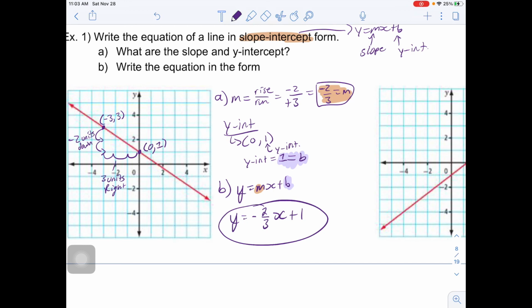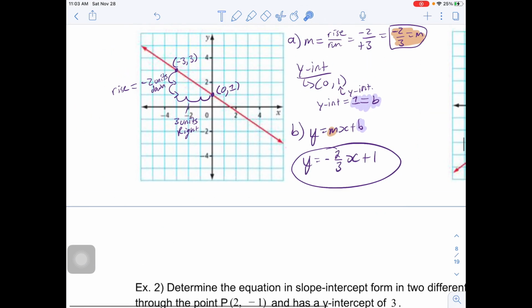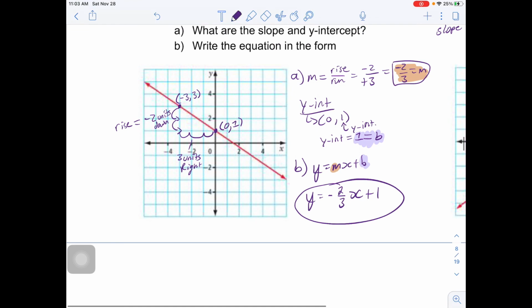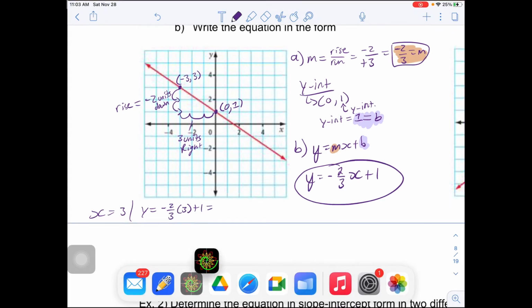Now the cool part about this is that it's an easier way to determine any value that exists on your line. So you can test it. Let's see what happens when x equals 3. So I'm going to plug in negative 2 over 3 times 3 plus 1.